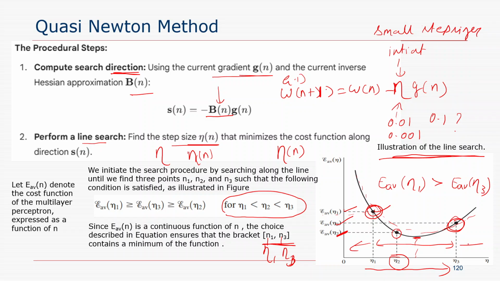I don't have to go lesser than eta of 1, or use values greater than eta of 3. Next, we can vary the values of the eta learning rate in between eta of 1 and eta of 3.